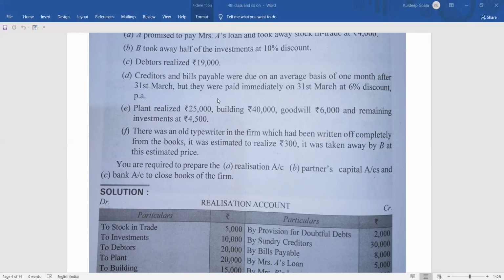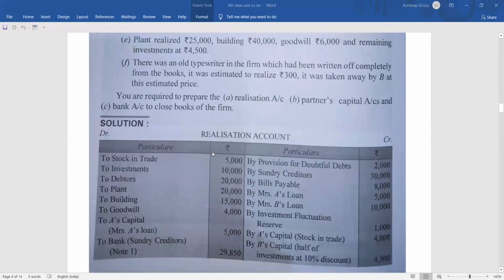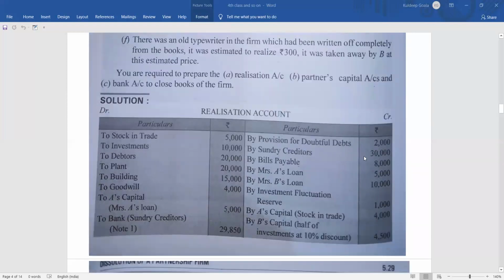So what is the creditor and bills payable amount? We can see from the realization also. Sundry creditors were 30,000 and bills payable were 8,000. Both were paid at a discount of 6%. So 30,000 minus 6%, the 6% will be 1,800. So 30,000 minus 1,800, it is coming to 28,200. So creditors will be paid 28,200.